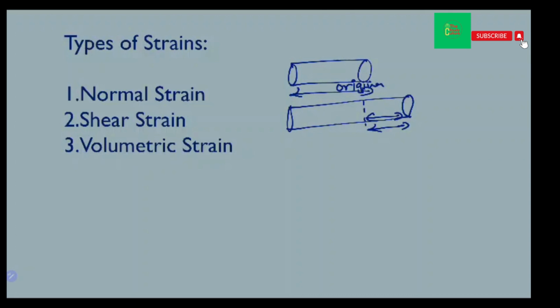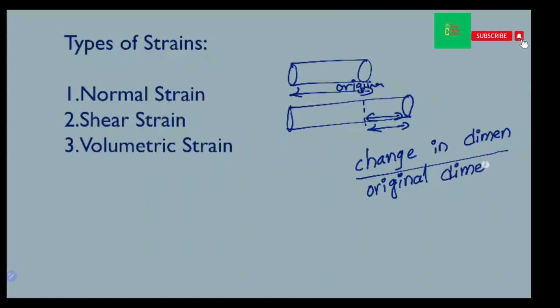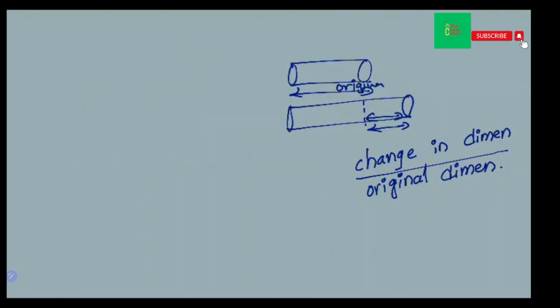So what is normal strain? Change in dimension by original dimension. Dimension means it may be length, it may be breadth, it may be depth.